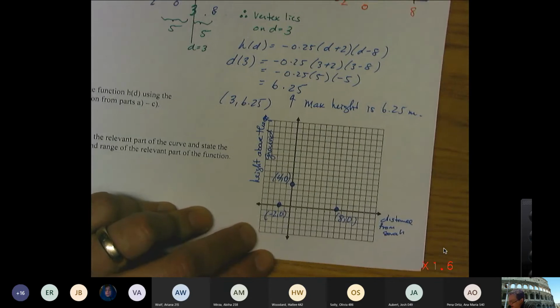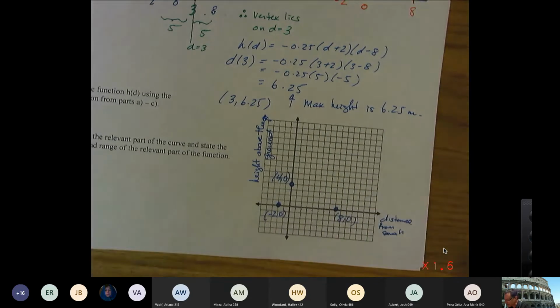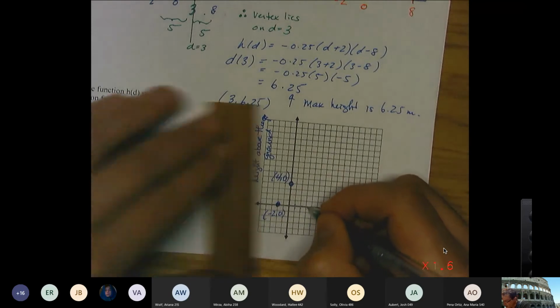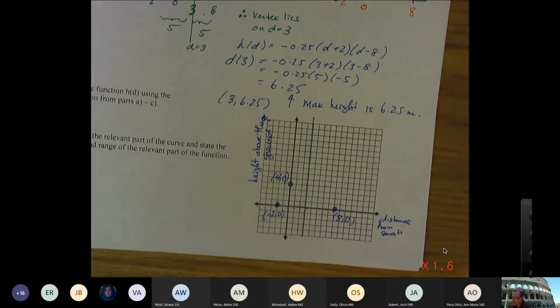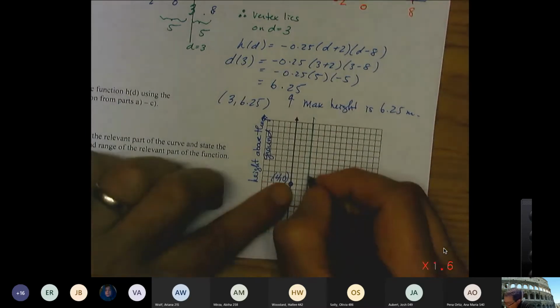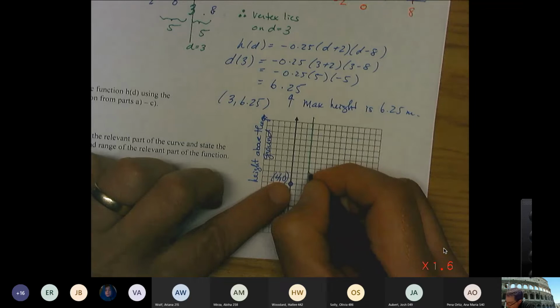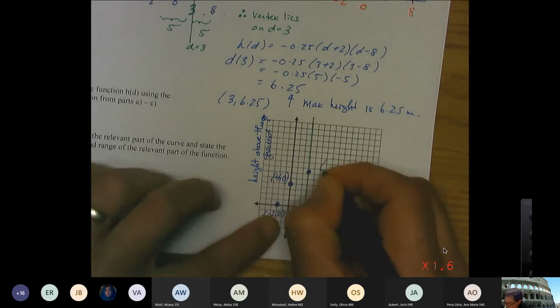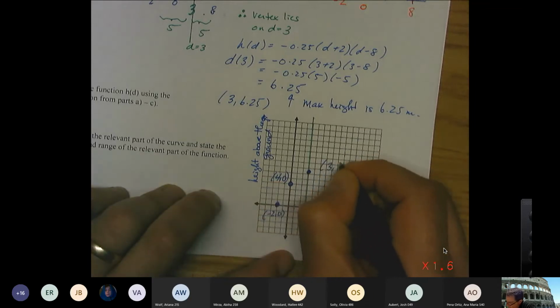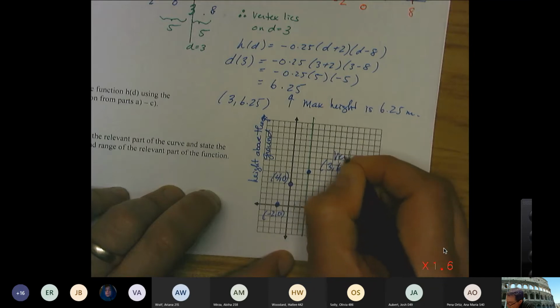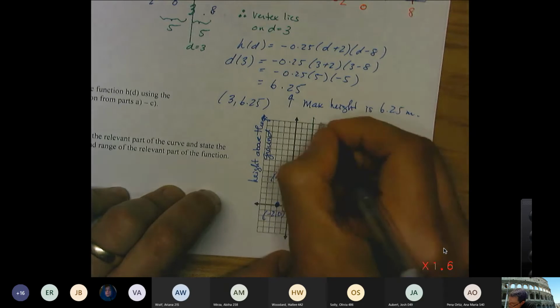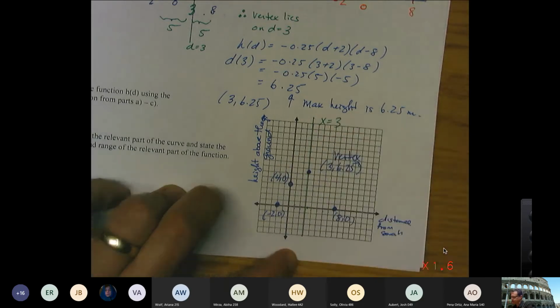And I know that it has its axis of symmetry on this line. So it's going to be a little bit above 6, at 6.5. So that's my vertex. My axis of symmetry, x equals 3.